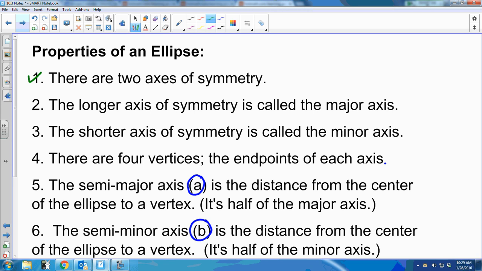There's 2 axes of symmetry, so they both have a name. The longer axis is called the major axis. Super fancy. And the shorter axis is called the minor axis.